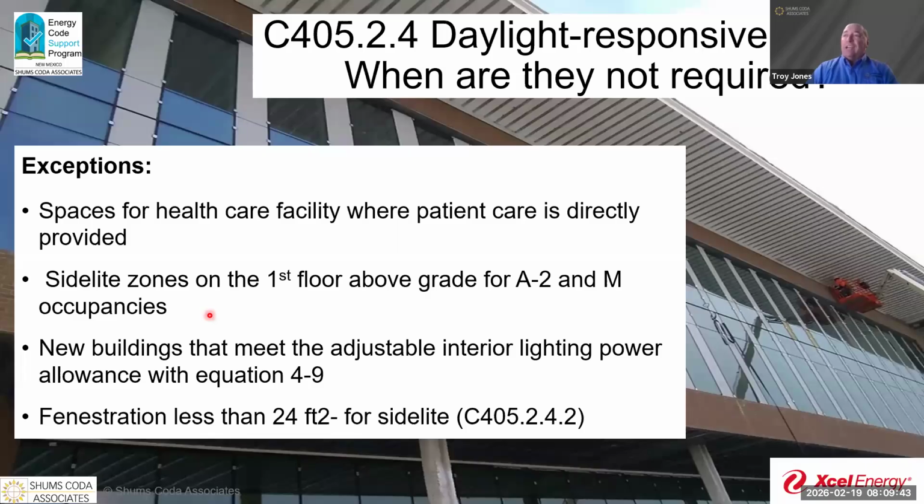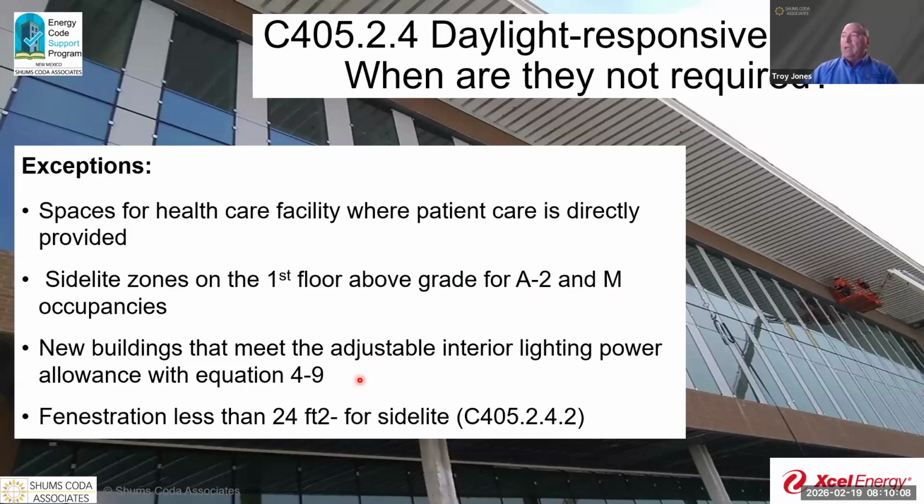So it's not required in sidelit zones on the first floor above grade for A2 and M occupancies. Our assembly occupancies and our mercantile occupancies do not require that on the second floors and above. New buildings that meet the adjustable interior lighting power allowance with equation 4.9.